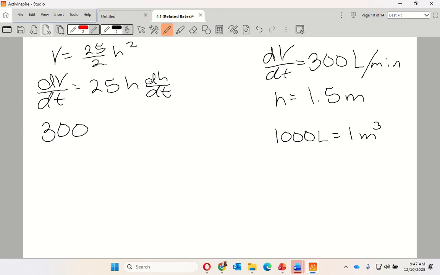I'm going to change this from 300 liters to what? 0.3 cubic meters.